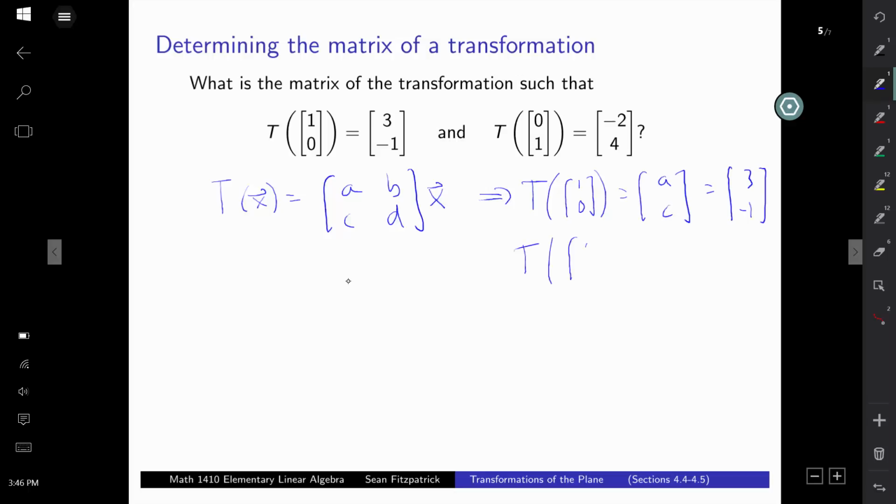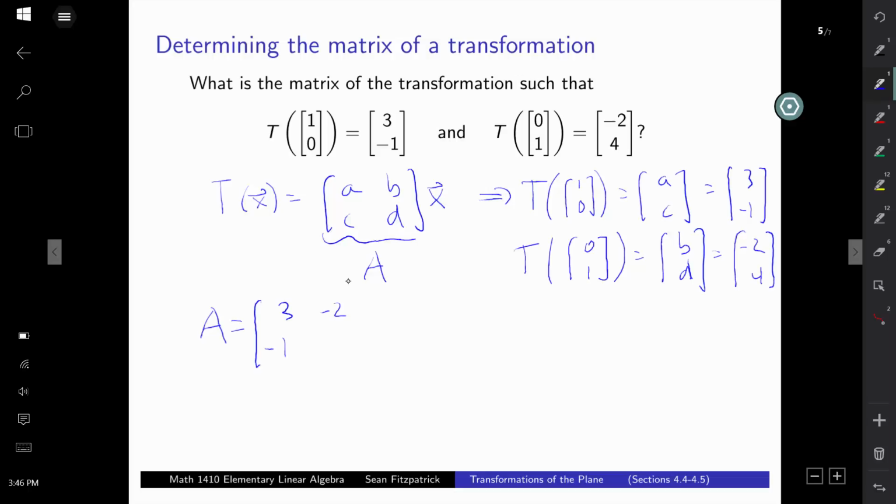We know that t of 0, 1 is b, d, and in this case we're told that that is the vector minus 2 and 4. And so now we know what A is. So if this is my matrix A, then A is going to be 3, minus 1, minus 2, 4.